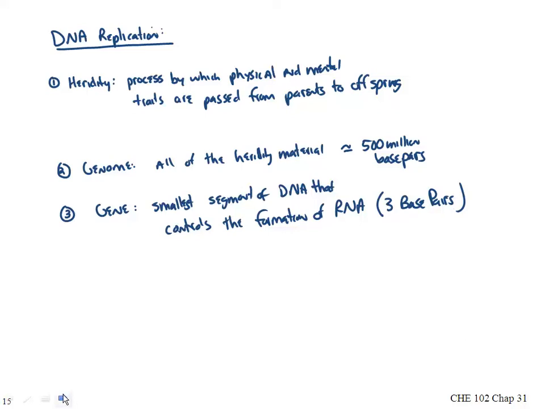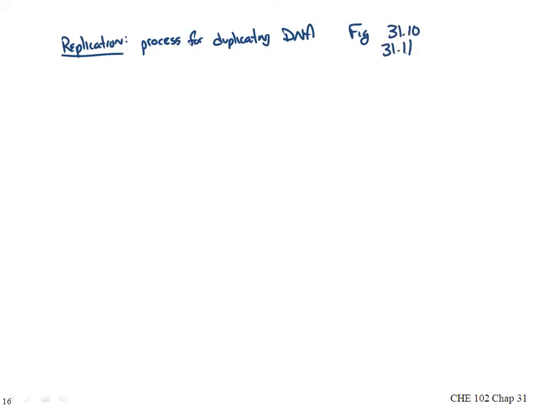So replication itself is simply the process for duplicating DNA. And if you're following in your book, it's figures 31.10 and 31.11. They're kind of useful for understanding it.